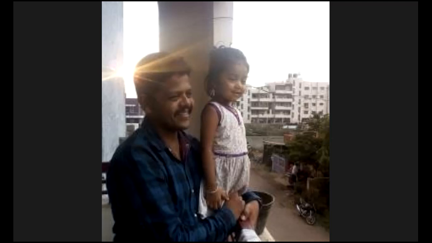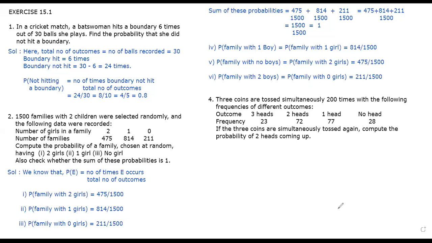Now you look here and tell me, compute the probability of 2 heads coming up. So what will be the probability of 2 heads? How many times 2 heads? 72 times. Total outcomes are 200.